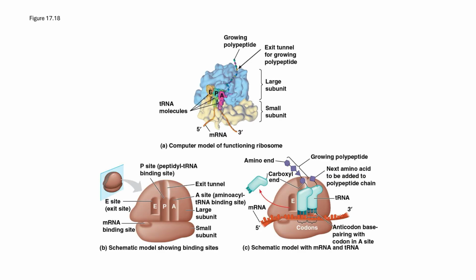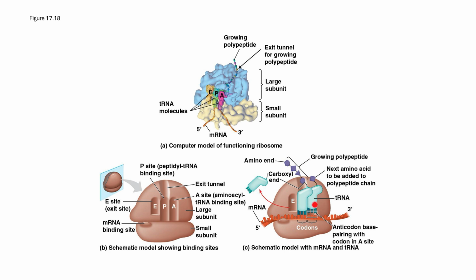So here we can see the 3 different sites on the ribosome, the A site, the P site, and the E site. What's going to happen is the tRNA is going to go into the A site with the next amino acid that needs to come in.